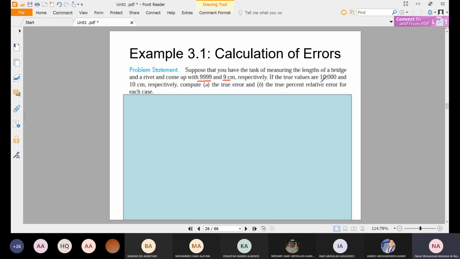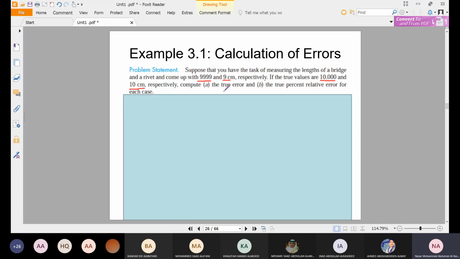If the true value of the bridge is 10,000 centimeters and the length of the rivet, this pin, is equal to 10 centimeters.